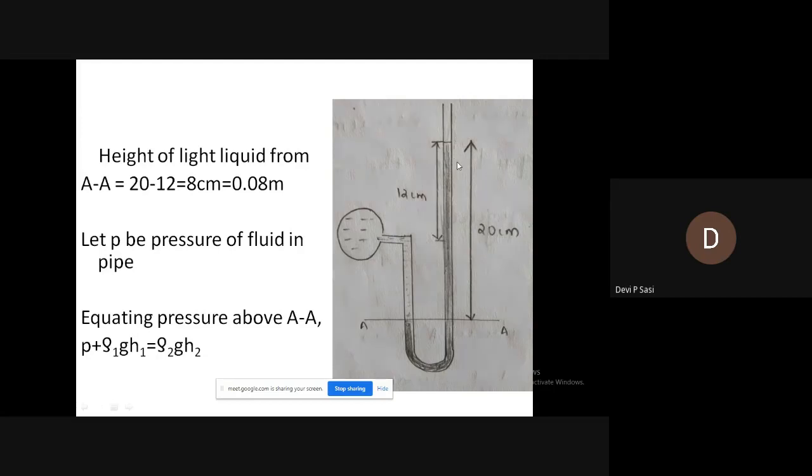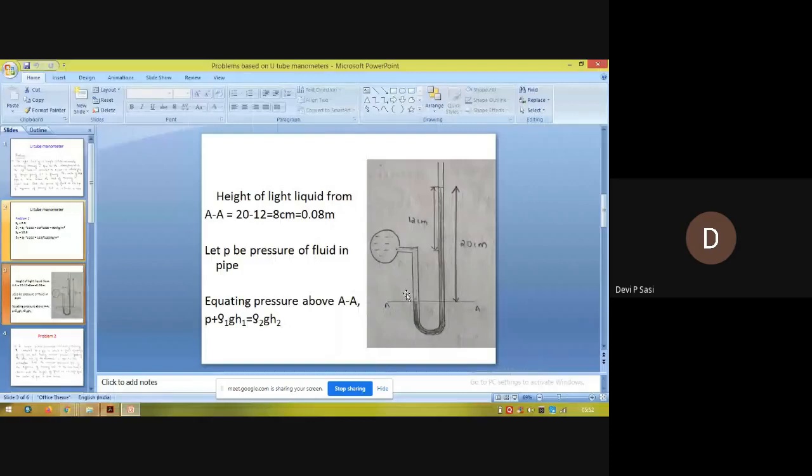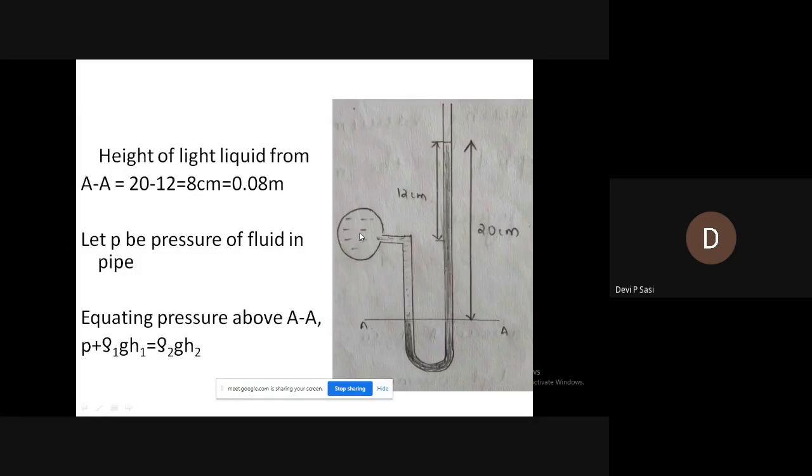Also, we are assuming the pressure inside the pipe as P, as we do usually.